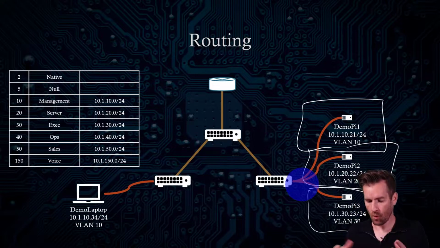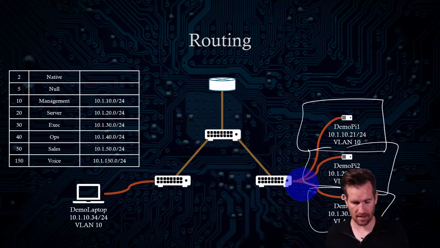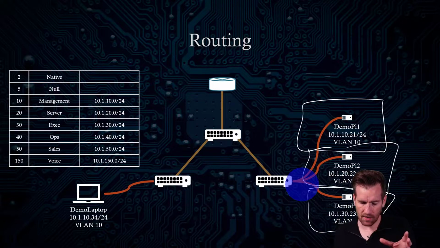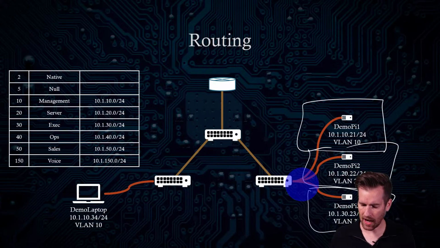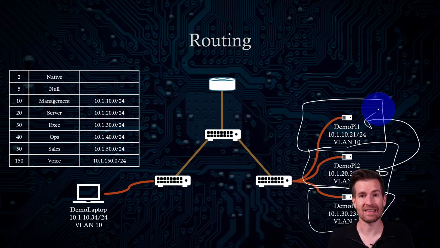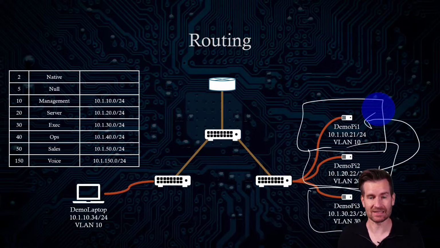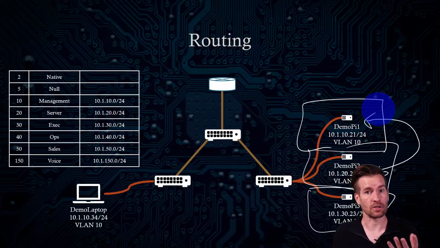That's the point of segmenting this, for security purposes or management purposes or scalability. So we section out these networks differently. Somehow we need to get our traffic going from one VLAN to the next VLAN to get these different devices communicating. And as I mentioned in the intro of this video, we perhaps want to control that traffic.